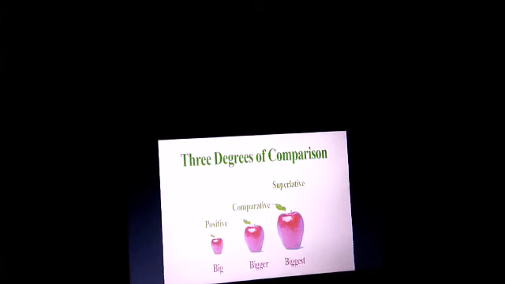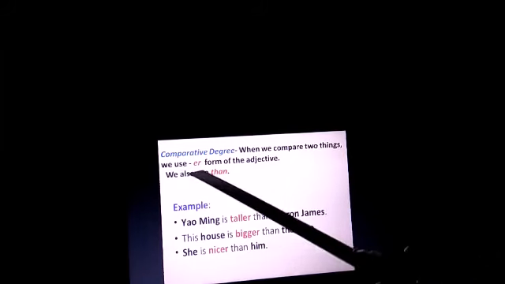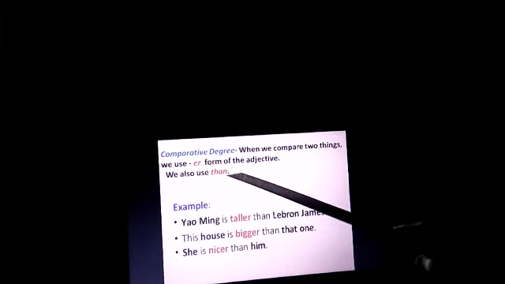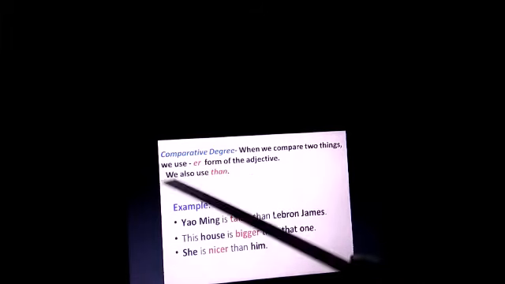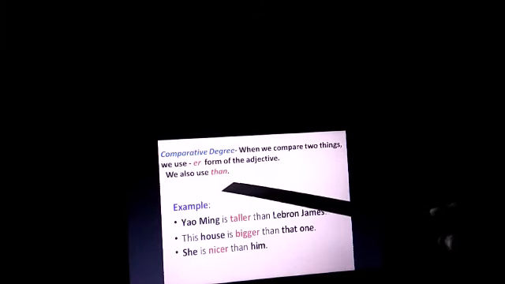Let's start the chapter. What is comparative degree? When we compare two things, we use the ER form of the adjective. We also use than. This is the rule of comparative degree. The main important things are ER and than.